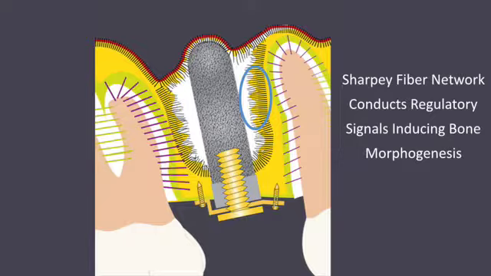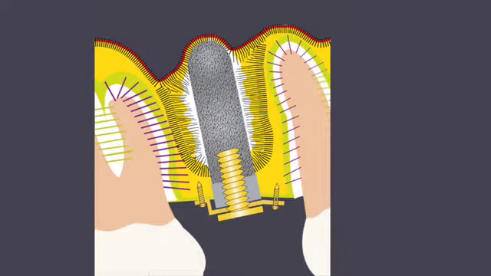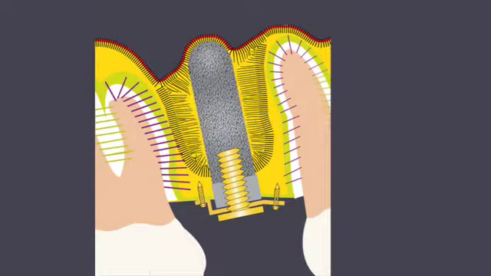So it is important to understand that the Sharpey system is creating a precursor matrix for bone formation. As the bone follows, the fibers continue to descend into the volume of the chamber, and slowly bone forms behind them until the chamber is entirely filled.